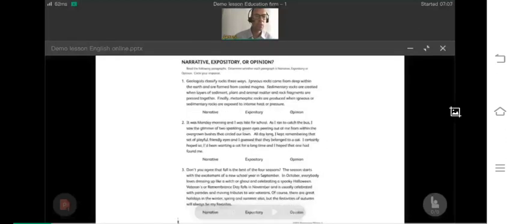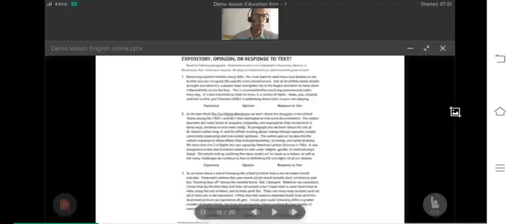I have some passages here or excerpts that are paragraphs. I want them to tell me if they're narrative, expository, or opinion, and we go through those as a classroom group. In fact, what we could do is, for the second one, we could go into small groups of 4 or 5 students for bigger lessons.